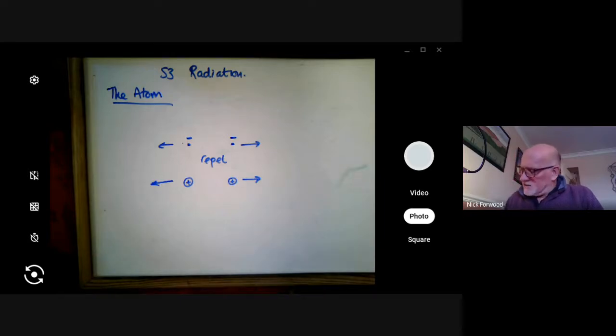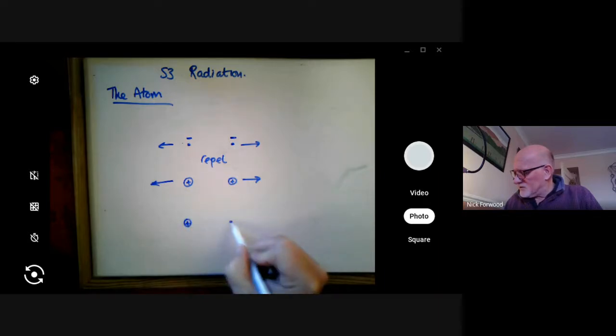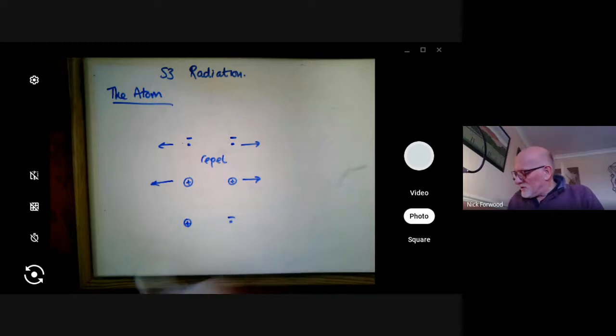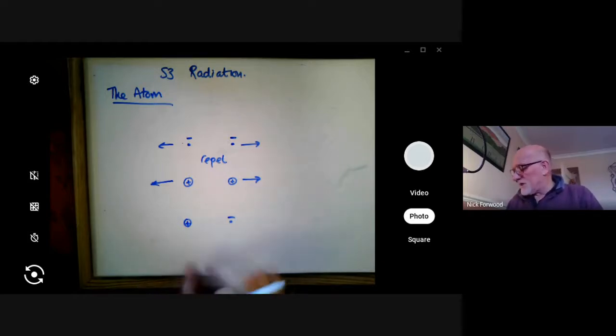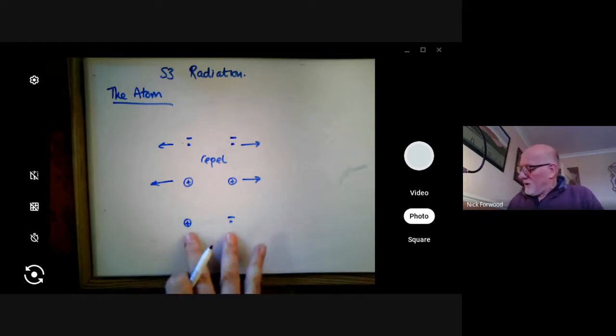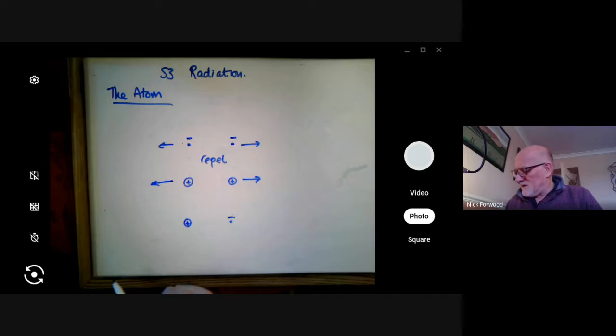And as I said earlier, normally a proton and an electron, which has a negative charge, would like to get attracted towards each other, which they can do if they were just sitting there doing nothing. But because this electron's in orbit, it doesn't have any effect.